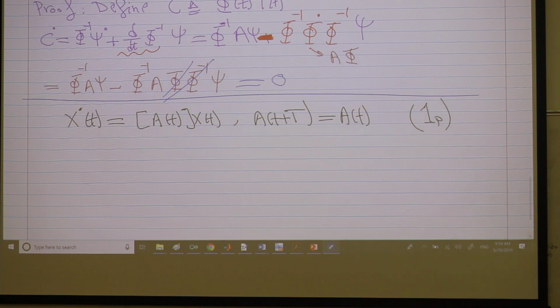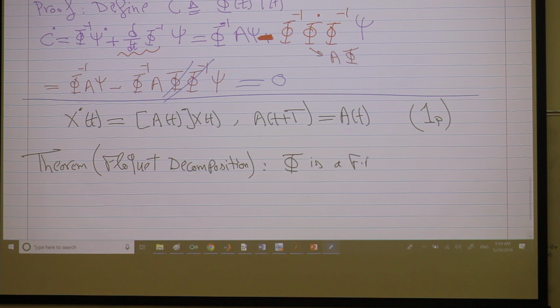Now we state the theorem here. This is a theorem which is known as the Floquet theorem, sometimes called Floquet decomposition. Okay, what does it say? If phi of t is a fundamental matrix of this periodic system, then phi of t plus T is also a fundamental matrix.